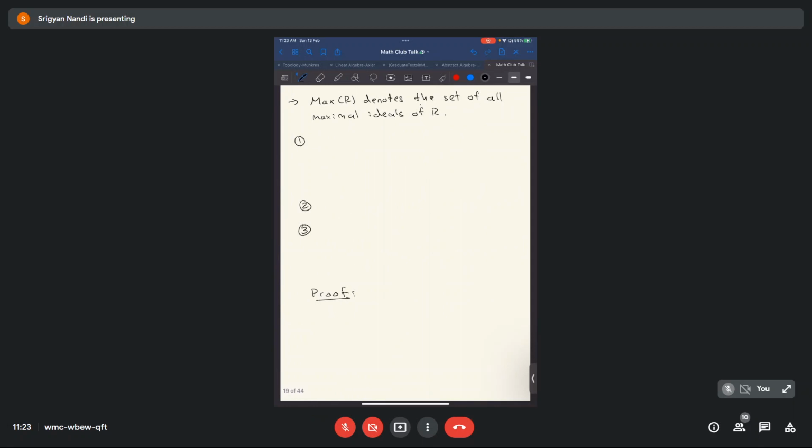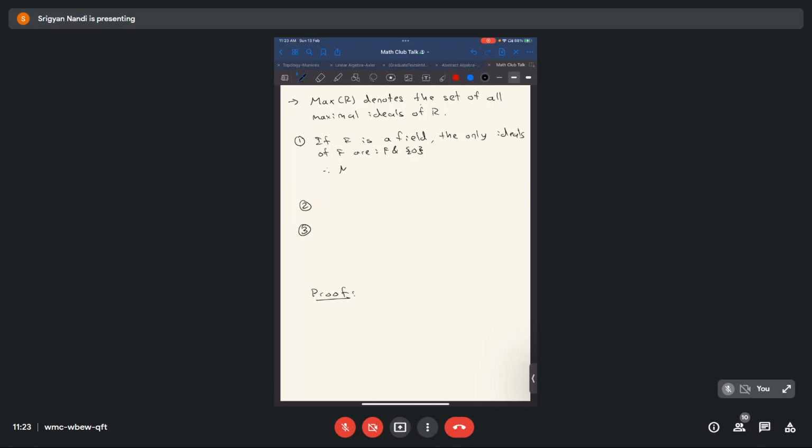So since maximal ideals form a very special family of ideals, we denote the set of all maximal ideals of a ring by max R. And let us try to find the max R for some special cases of rings. So if F is a field, the only ideals of F are F and 0, as we have emphasized previously.